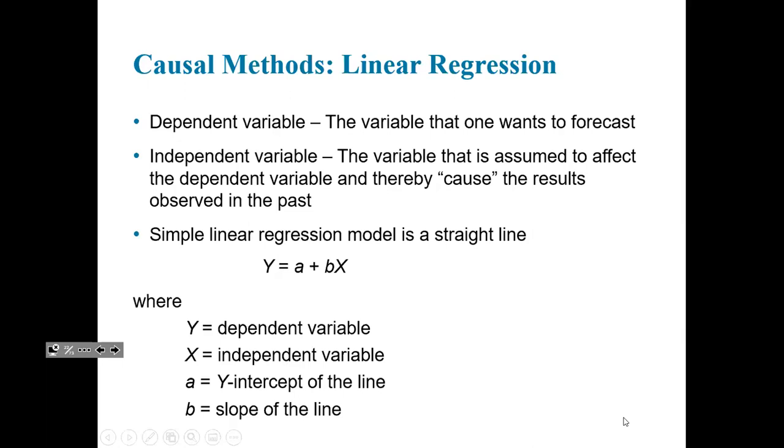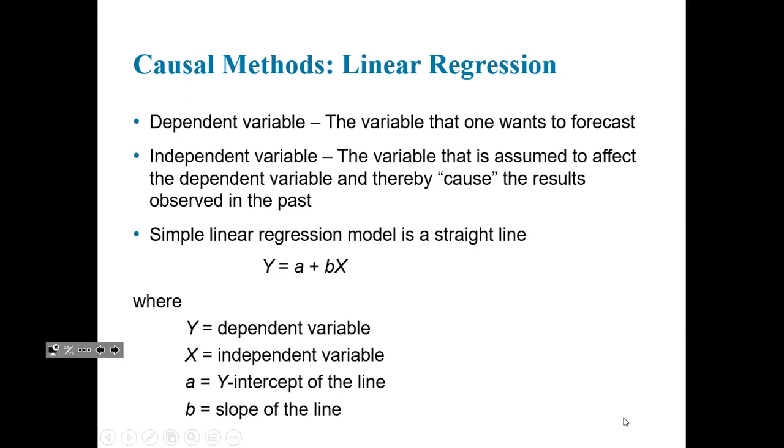For all causal forecasting, we use the equation of a line approach to try and draw a regression line that shows that if we had a certain amount of X, then we should expect a certain amount of Y.